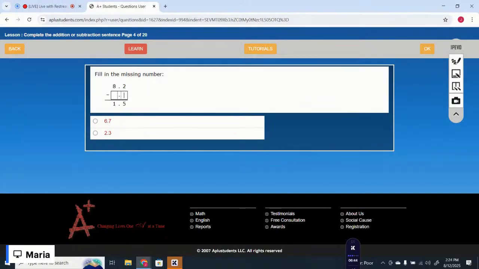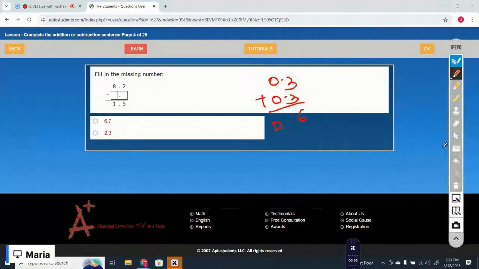Fill in the missing number. 8.2 take away the missing number equals 1.5. So we need to find the missing number, right? We always subtract the smaller number from the greater number. Here in this question, the greater number is 8.2. Subtract the difference from the greater number and you can find the other number. We need to borrow 1 because we cannot subtract 5 out of 2. So 12 take away 5 is 7, and 7 take away 1 is 6. That is 6.7.